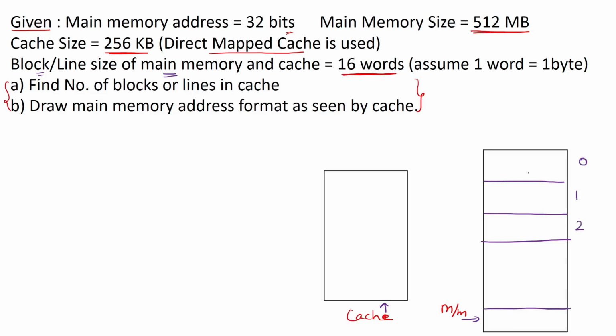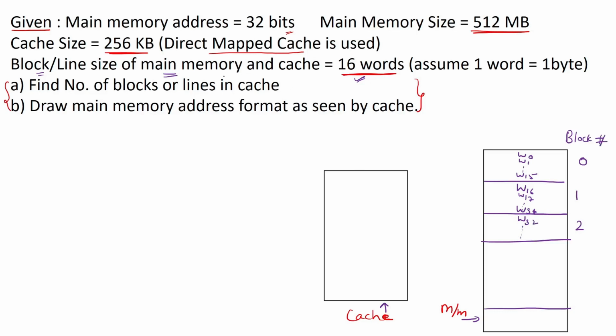Each block contains 16 words, so this will be word number 0, word number 1 and the last will be word number 15. The same way, block number 1 will contain word number 16, word number 17 and so on. The last will be word number 31, and from word number 32 the next block's words will start.